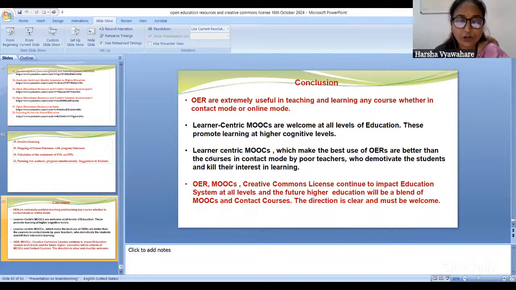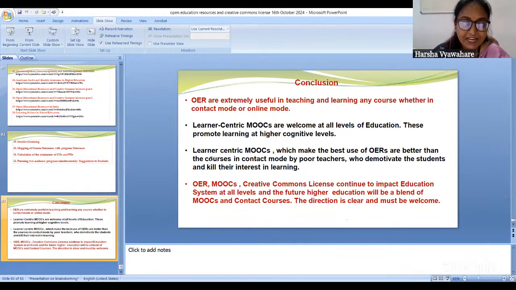Good evening to one and all present. On behalf of Sant Gadge Baba Amravati University, Amravati, and Sipna College of Engineering and Technology, Amravati, it is my honor and privilege to extend a heartfelt vote of thanks to Dr. B.V. Apparao, former senior professor at NIT Warangal, for conducting today's enlightening session on open educational resources and the Creative Commons license.